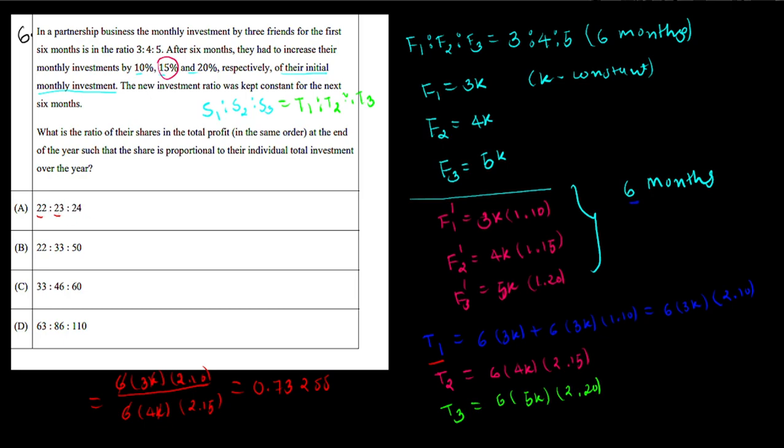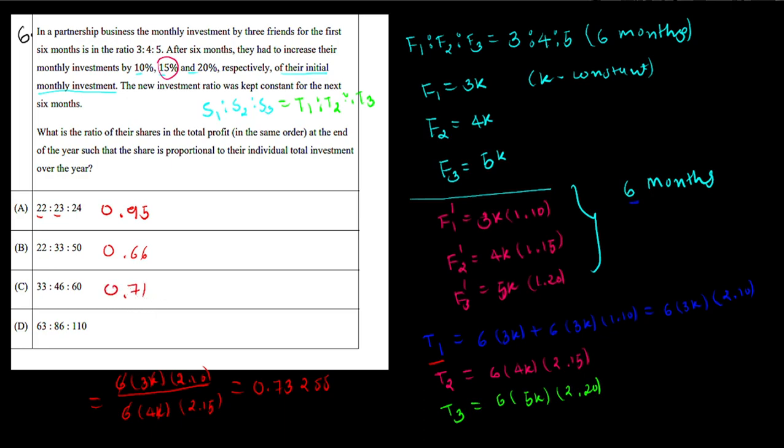So now let's do it for option A: 22 divided by 23. So I can say the ratio here is 0.95. Now for option B, 22 divided by 33, it will give me the ratio 0.66. In the third option, 33 divided by 46, it will give me the ratio of 0.71.